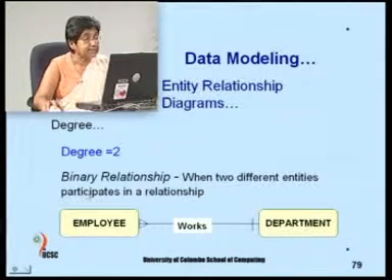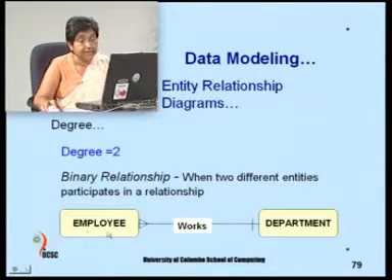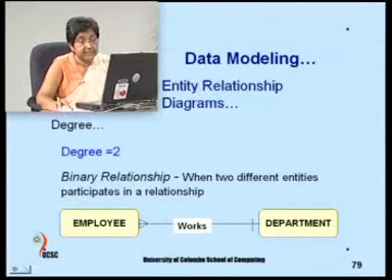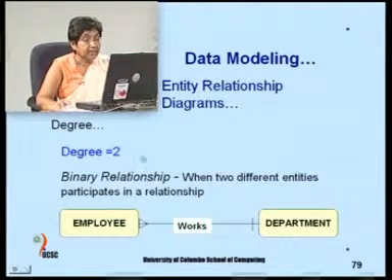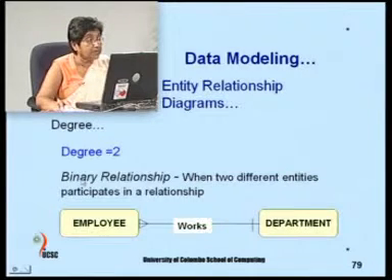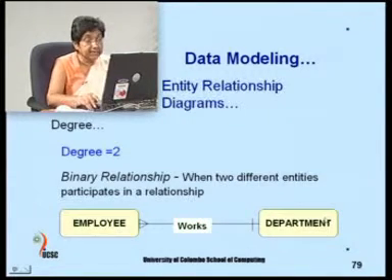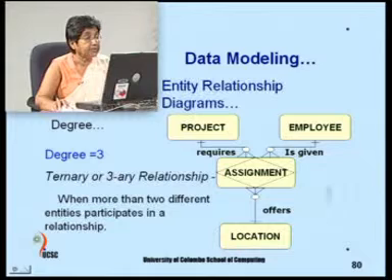Now if you take this example, here we have an entity type called employee, and there is another entity type called the department, and this is a binary relationship because when two different entities participate in a relationship, you call it a binary relationship, and the degree of the relationship is 2 because there are two entities.